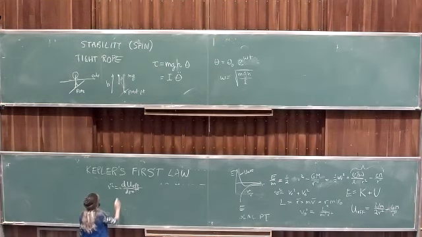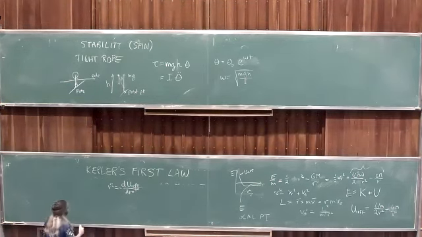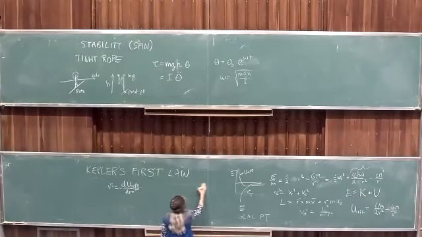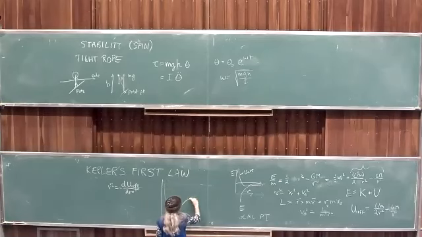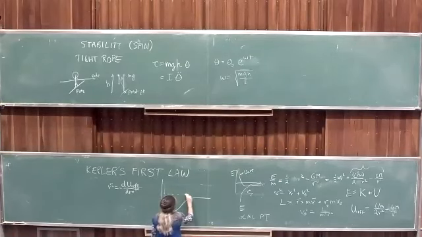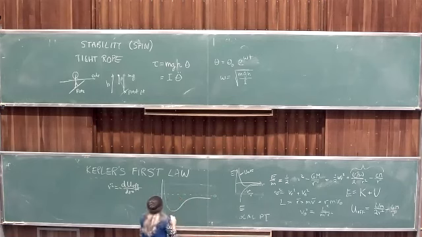So let's draw again this effective potential. Here's my effective potential. Here's 0. That's U effective, and this is r.